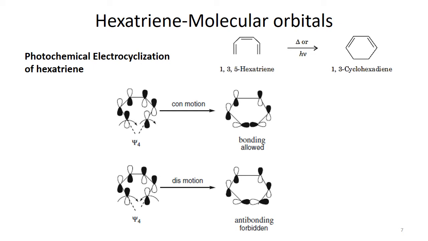In this case, they are moving in the opposite direction, one clockwise and the other anti-clockwise. So there is an anti-bonding interaction, and because of this anti-bonding interaction, we say that this disrotatory mode of motion is forbidden for the photochemical electrocyclization reaction.